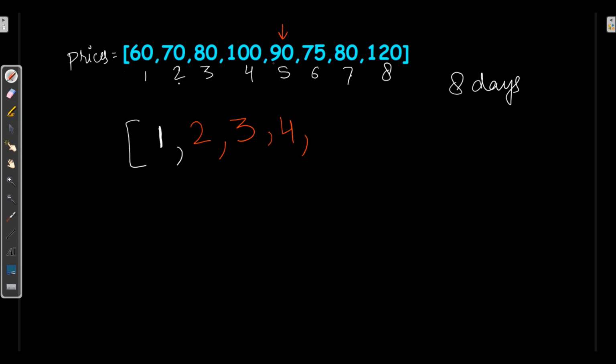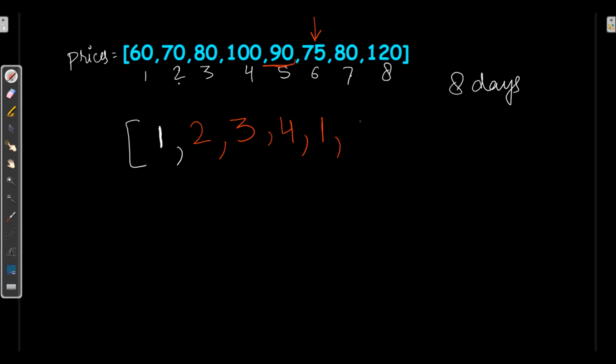Now for calculating the 5th day, the span will be the prices just before that, but they should be less than the particular day. Here the span will be just 1 for that particular day. Then for the 6th day, 75, the price left to it just before that is greater than that particular day.